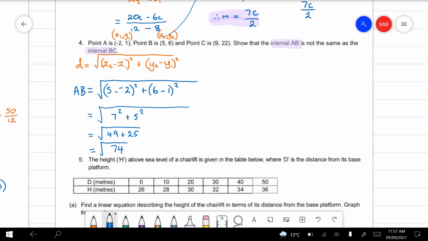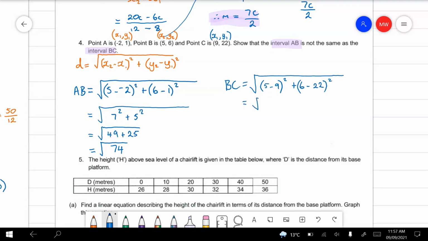And then for the second round, I'm trying to do BC next, so I might as well leave B as x2, y2 this time, and I'll make this one x1, y1. That'll sort of prove that it doesn't really matter what order you put them in, if you like. So this one is going to be BC, is going to be the square root of, and I'm using the same formula, so x2, so 5 minus 9 squared, plus y2, so 6 minus 22 all squared.